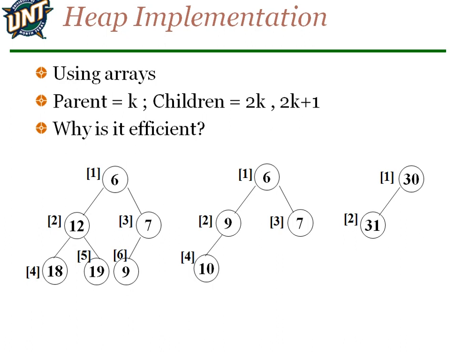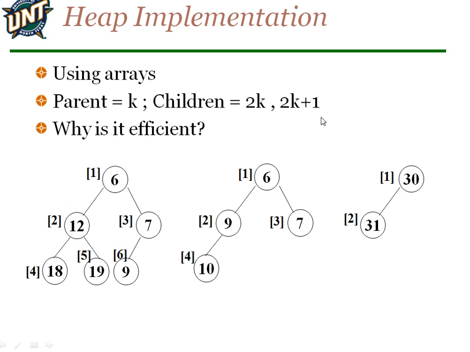Now here we have heap implementation. So always we have to be very careful while constructing a heap. The parent should always be less than the child node. Now we have to apply certain rules. See, whatever is the value at the parent node, let us consider it as k. The left child should be 2k, and the right child should be 2k plus 1.